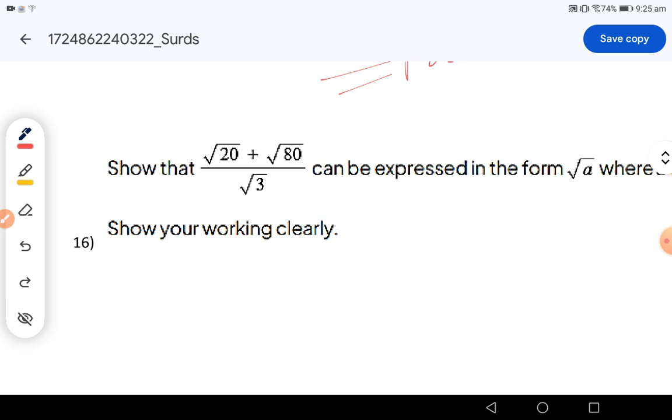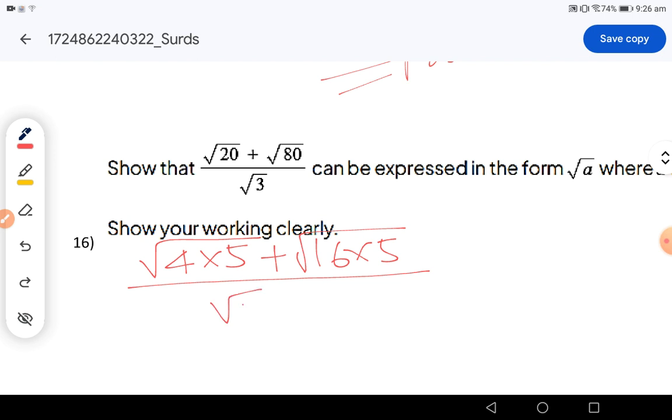So now root 20 can be written as 4 into 5, plus root 80 can be written as 16 into 5, divided by root 3.